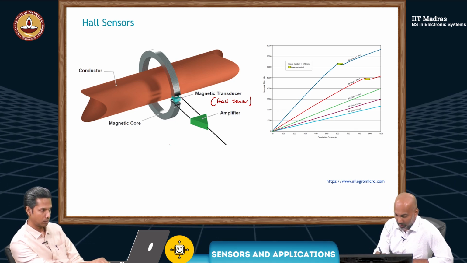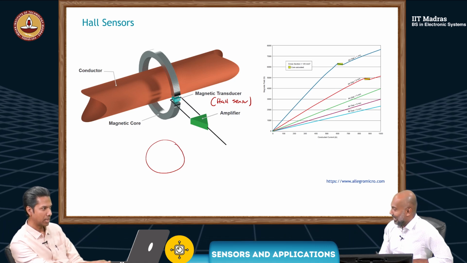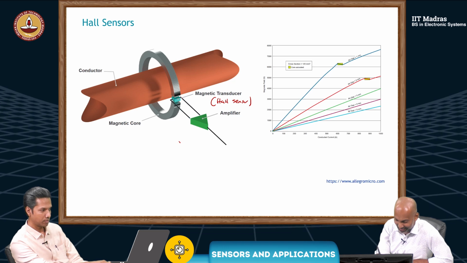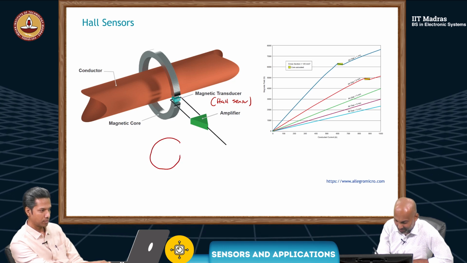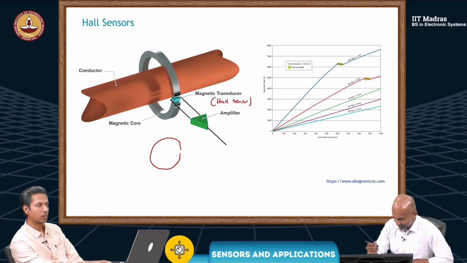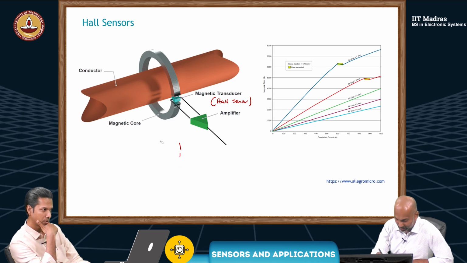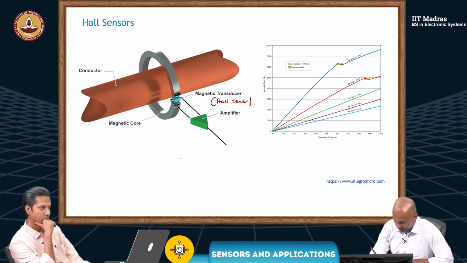So the core is not just one line. It's a C, like this. And the flux lines are flowing here. The Hall sensor is introduced into that gap.